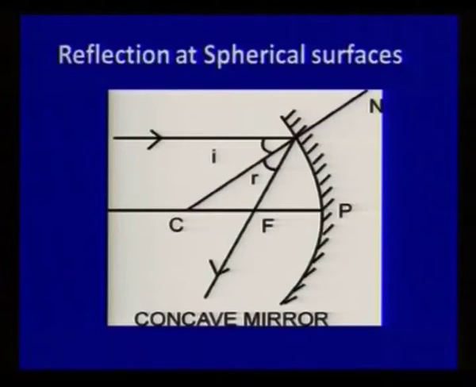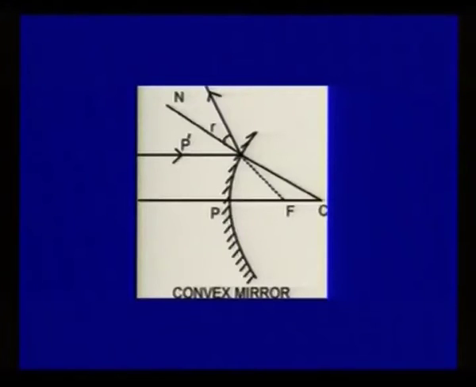The light which is coming parallel to the principal axis has to pass through the principal axis at a point which is F. F is the focal point. So the line which is passing through C and any part of the mirror is known as the normal. So here you can see the two angles I and R are equal, and also you can prove that CF is equal to FP. Let us see a convex mirror. This is a convex mirror.